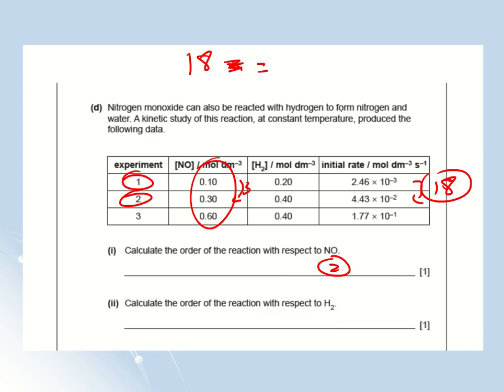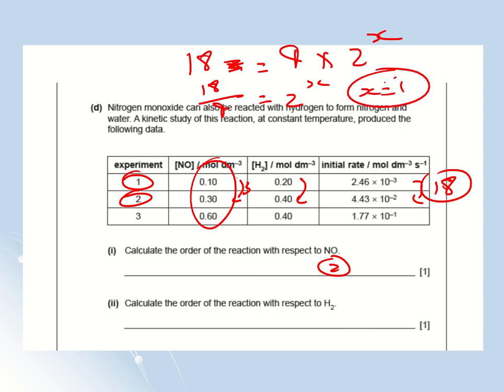Okay, and now that was second order. We already know that, so that is therefore 3 to the power of 2, which is 9, multiplied by this, my hydrogen has doubled, and we're trying to find out what x is. So rearrange: 18 over 9 equals 2 to the x. X has to be 1, so that is first order.